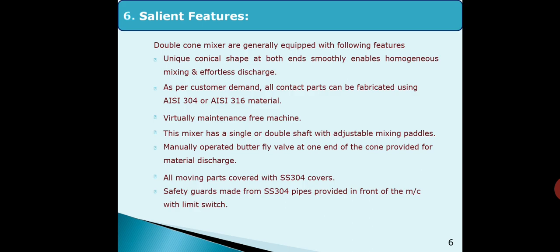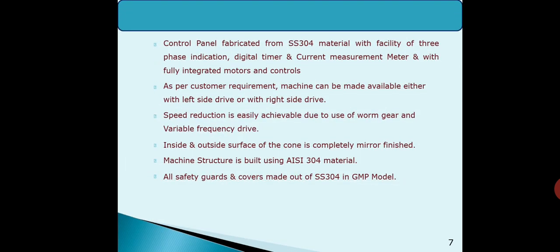All moving parts are covered with SS304 covers, so that there are no chances of moving part damage. The safety guard is made up of SS304 pipes provided in front of the machine, with a limit switch. All the safety guards are safe in this machine.